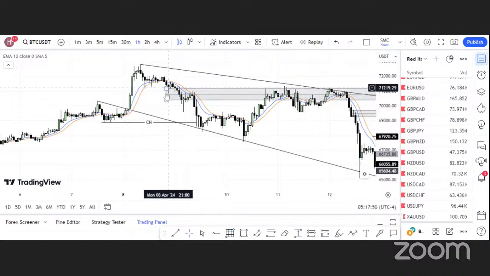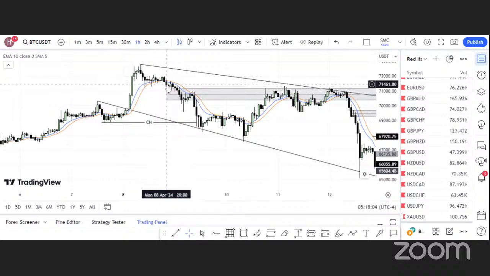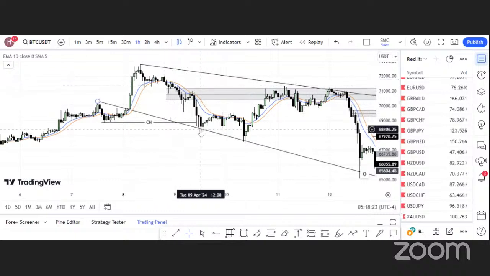So a fair value gap happened here, and instead of the market continuing to drop down, the market came back up immediately, made a pullback into the fair value gap, and that is how we got this bearish movement.